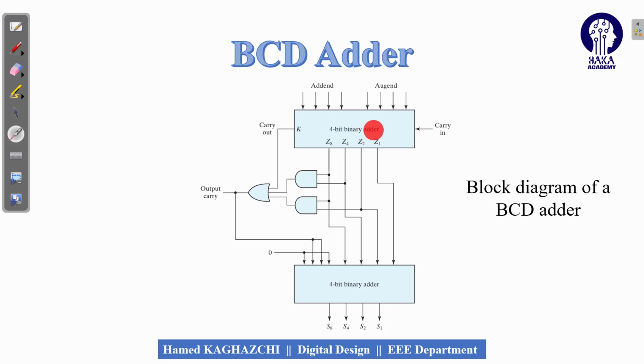Using the 4-bit binary adder, 4 full adders here, Z1, Z2, Z4, Z8, and also K are calculated.